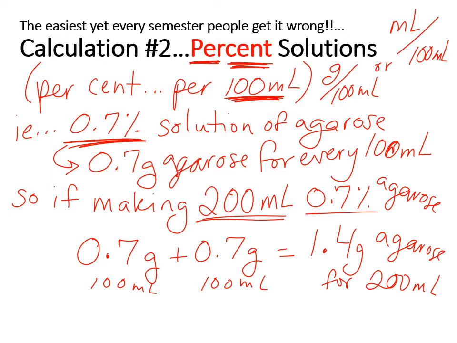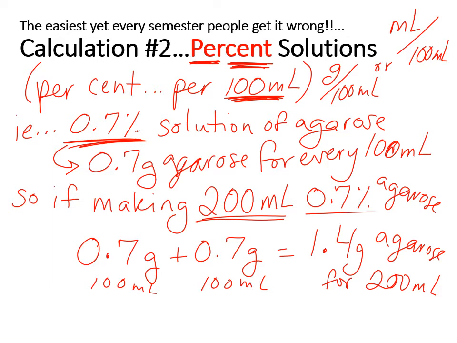Now, I'll be honest, sometimes your professor is kind of cruel, and when she gives you these problems, she will write in the question what the molecular weight of that reagent is. But the moment you see percent, scribble out that molecular weight. You do not need it.